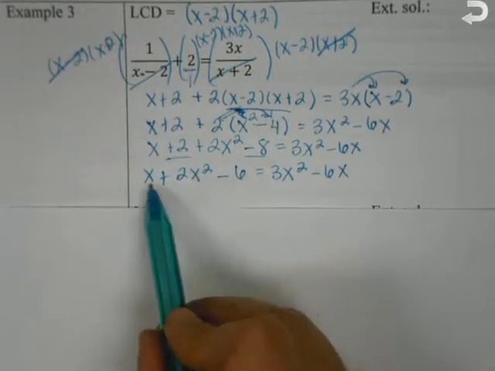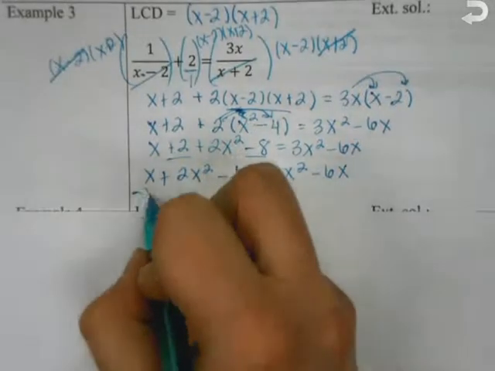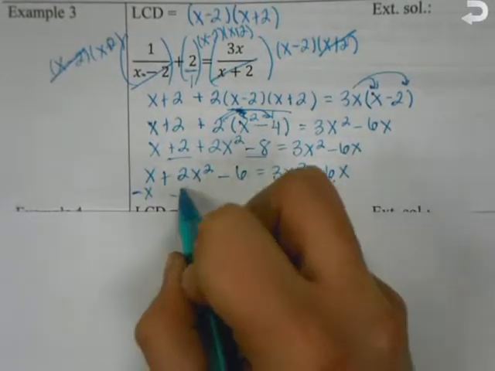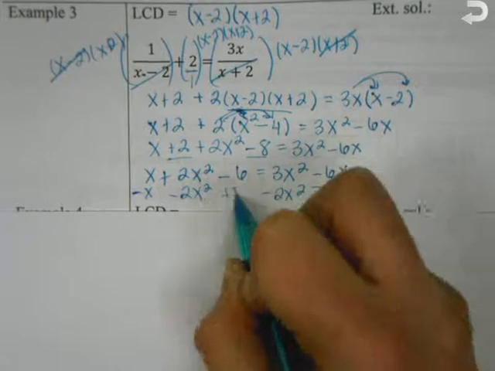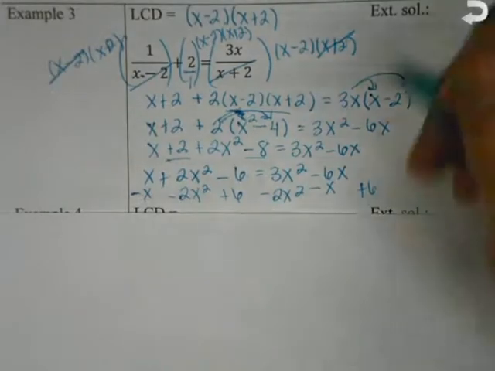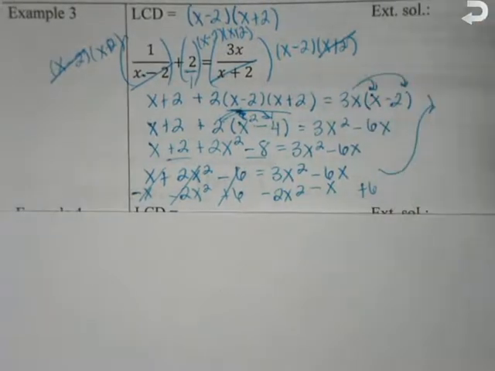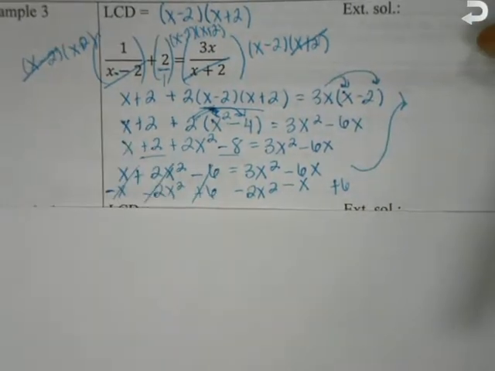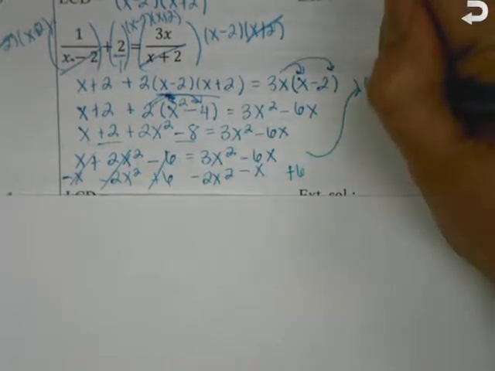Because if we subtract x and subtract 2x squared, add 6, those all cancel. So that's going to give me 0 equals, because look here guys, 3x squared minus 2x squared is 1x squared, minus 7x plus 6.